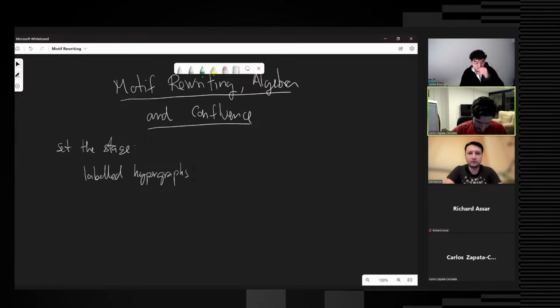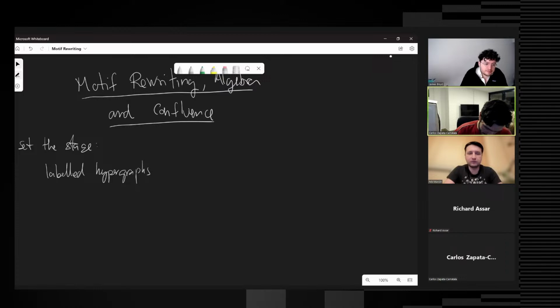So these are things of the kind, some kind of skeleton hypergraphs can look something like this. Maybe something around here, something like that. And then on top of this, we're going to add some labeling.